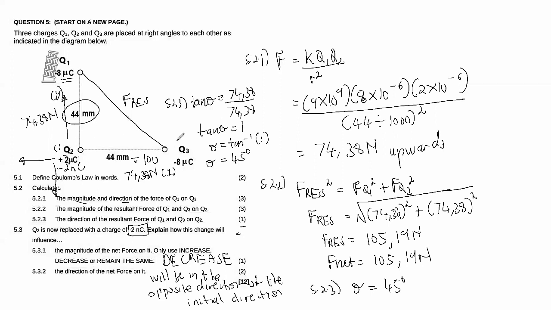So in other words, because we found 45 degrees here, that means the direction of the other one right now has to be anti-clockwise like that, and then it will give us 45. If we say 45 plus 180 degrees, that will be 225 degrees, so something like that. But then all you have to say is that it will be in the opposite direction of the initial direction, right? And then that's how you were supposed to tackle this question here.